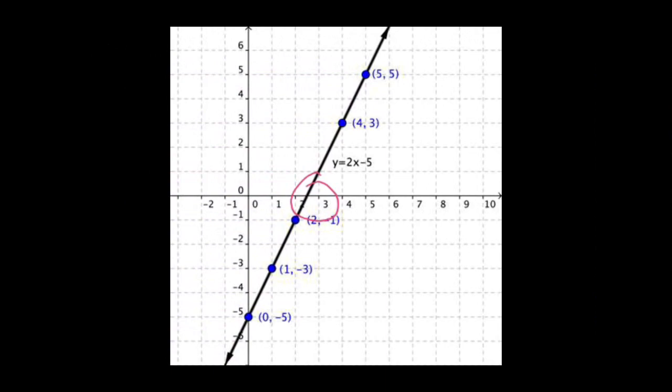Two cases: no zeros and 1 zero. No zero means the graph will not meet the x-axis, but 1 zero means your graph will meet it at only one point. Dear children, even if the graph is given you can identify it. You have to tell how many zeros there are, whether 1, 2, 3, like that. But in the case of a linear polynomial, at most 1 zero: no zeros or 1 zero.